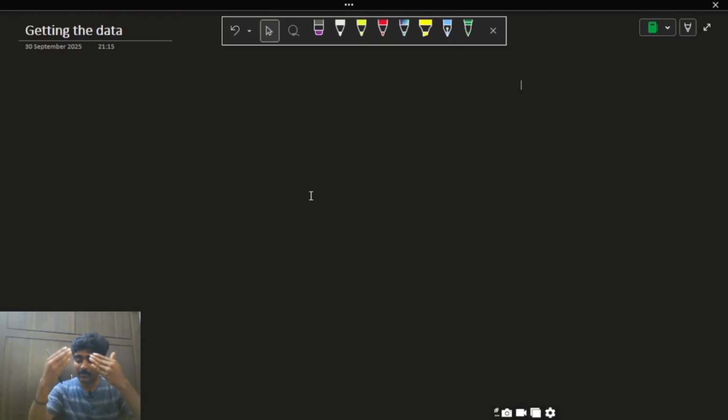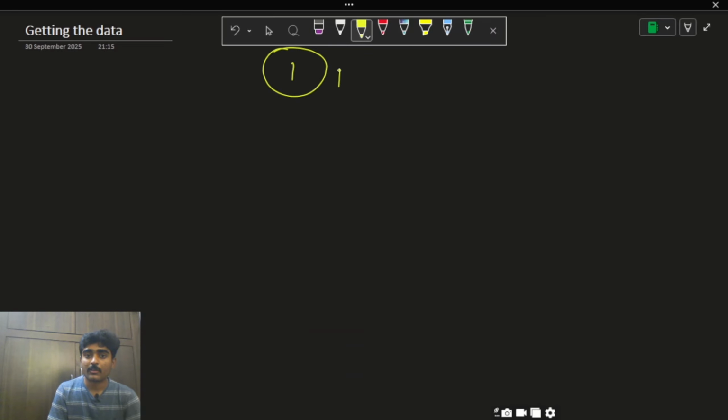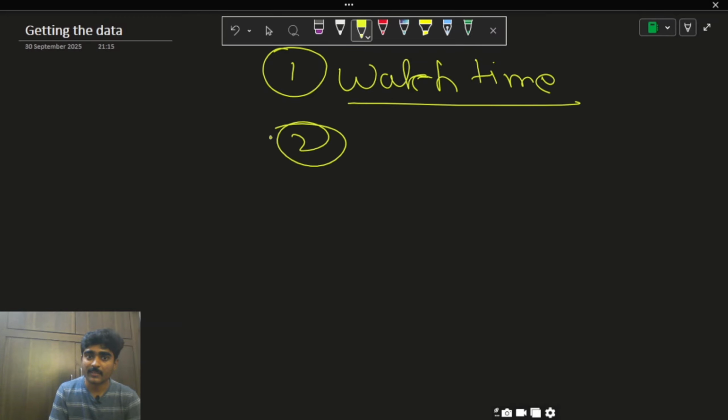Now let's say in the data, the first column would be watch time. Definitely it would be watch time in any streaming platform. Second, let's say per user, a person is watching a movie which is 2 hours long.